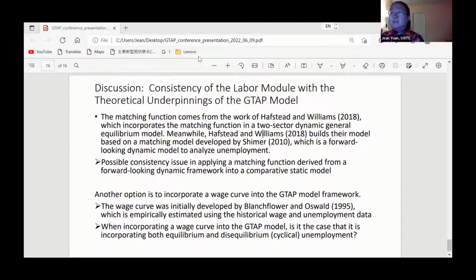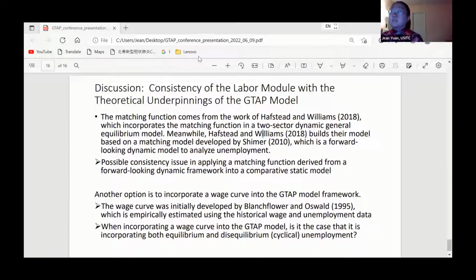So the idea is that the number of workers matched into each sector is decided by the recruiting effort, pretty much the labor market frictions in each sector.